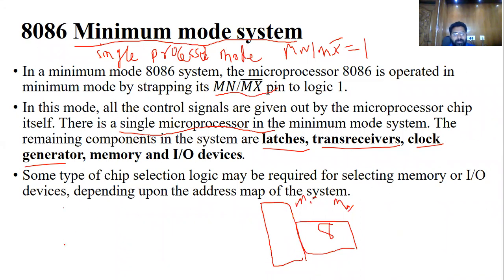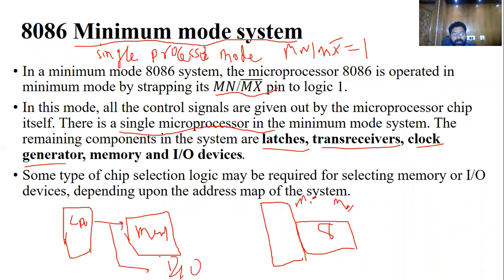For this microprocessor CPU, we are going to connect the memory or input-output devices. You require this type of devices: latches, receivers, clock generators, and so on. Now we can see each of them.